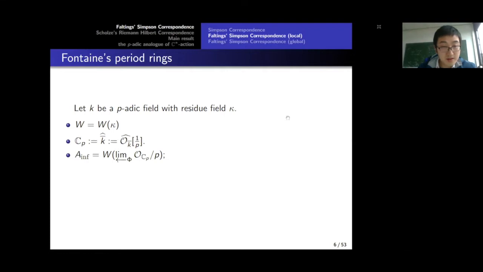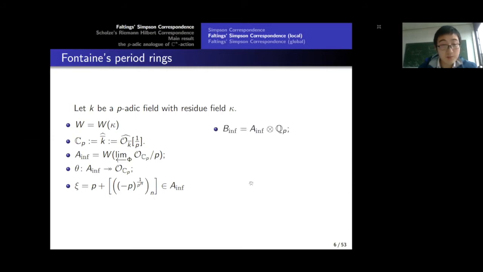The morphism in this projective system is defined by p-th power. We have a natural surjection map from A_inf to O_{C_p}, and the kernel of this surjective map is generated by a single element Xi. And this Xi is given in this form.